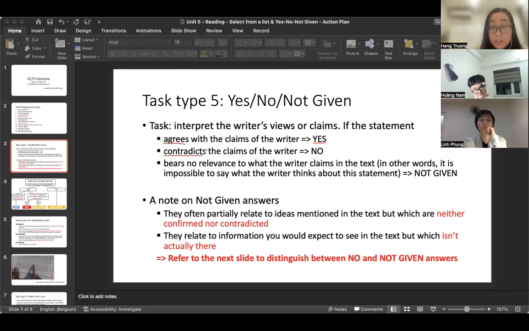However, if the statement contradicts what is written in the text by the writer, then we say no, right? So this is not factual information anymore. We're working with opinions. So that's why it's yes, no. Or if we cannot identify whether or not he or she agrees with this statement, then it's not given.